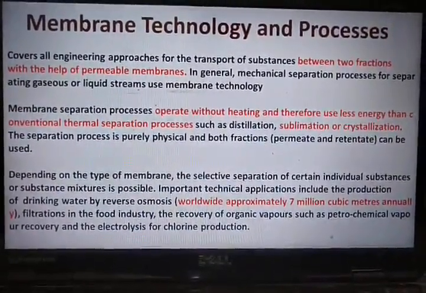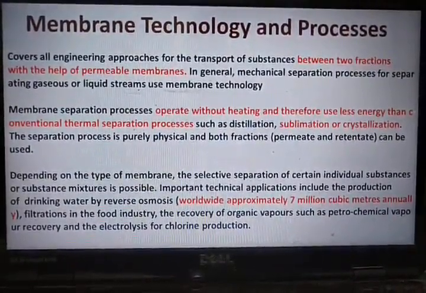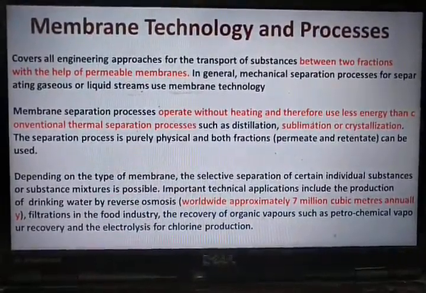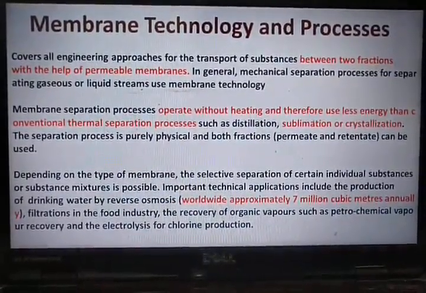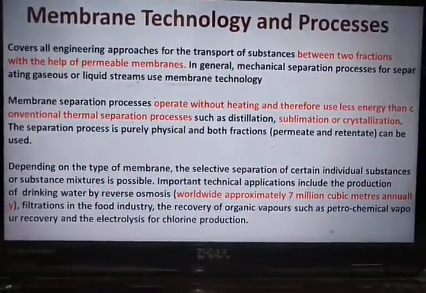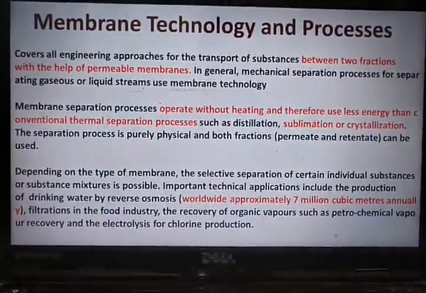Okay, so permeate is the one which permeates through the membrane, that is across the membrane, and the retentate is the one which is retained behind the membrane. Okay, so you should be aware of these terms whenever we talk about membrane processes.